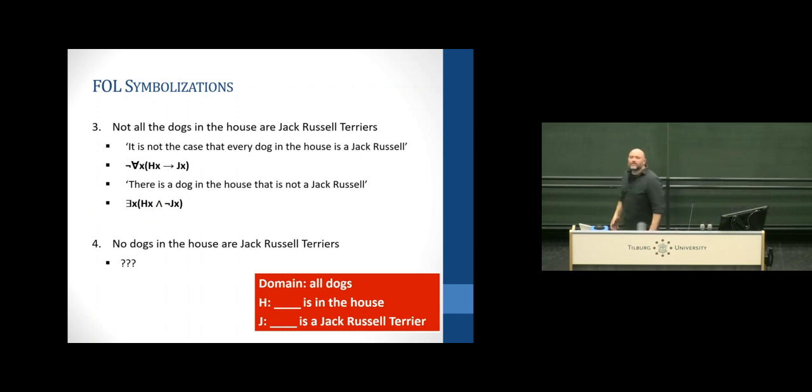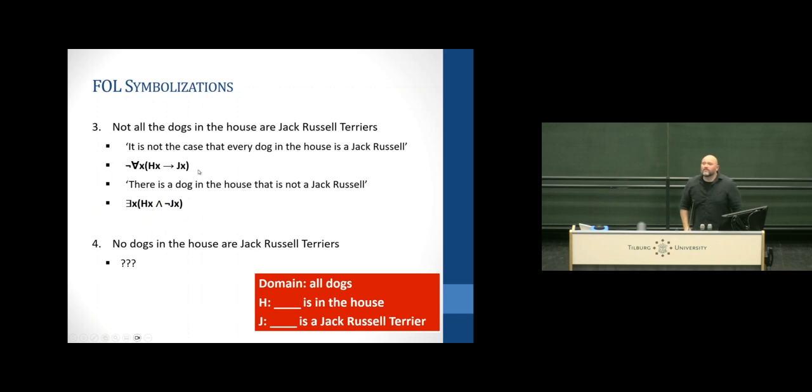So let's talk through these two real quick, right? Our English sentence tells us not all the dogs in the house are Jack Russells. Well, if that's the case, you know what has to be false? That every dog in the house is. So we literally just take every F is G and negate it. That's one way.